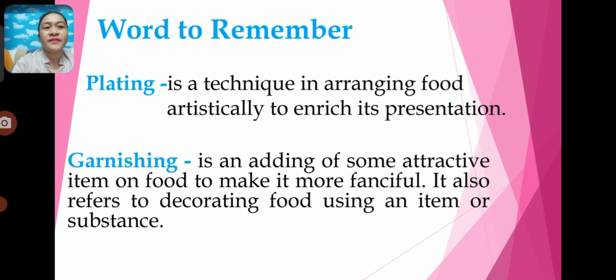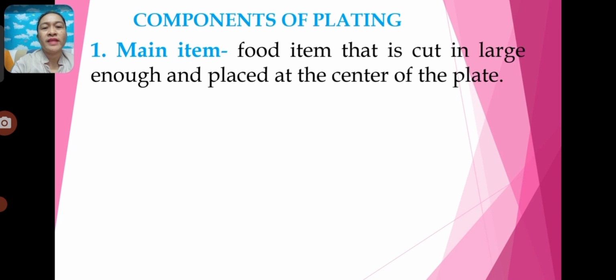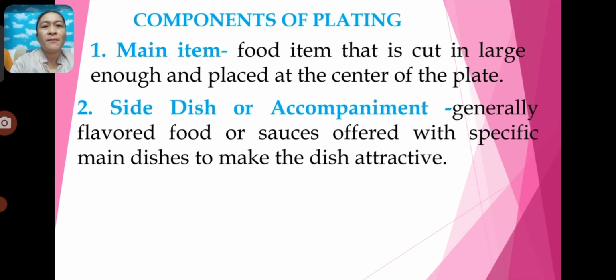Next, so let's discuss the different components of plating. So what are the different components? First, we have the main item. So when we say main item, this is the food item that is cut in large enough and placed at the center of the plate. Okay, another component, we have the side dish or accompaniment.